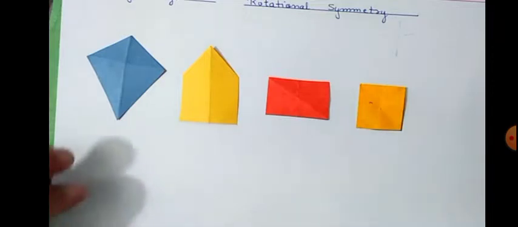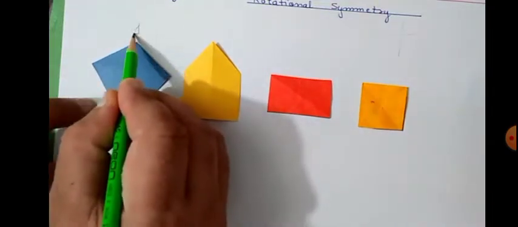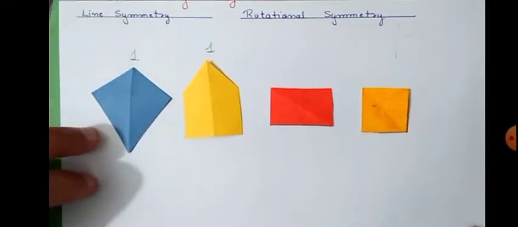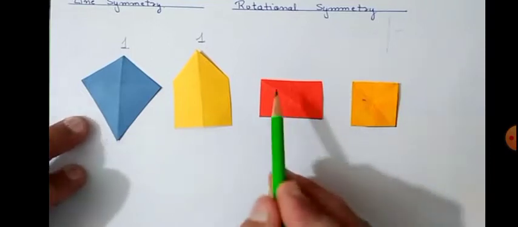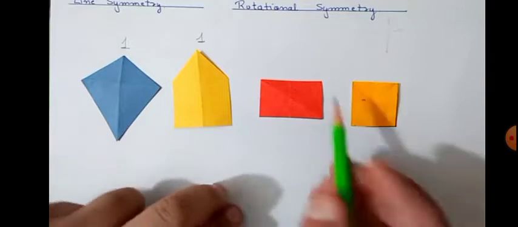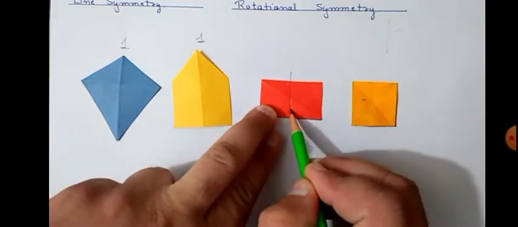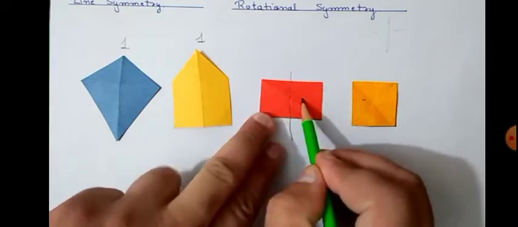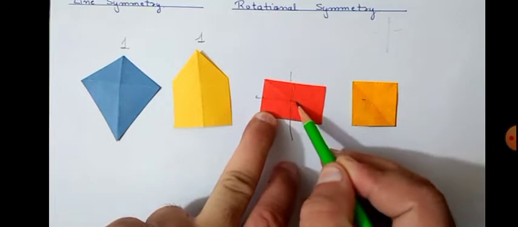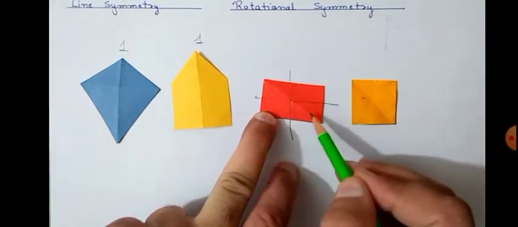Kite has one. This one also has one line of symmetry. A rectangle has only two lines of symmetry. See, if we turn like this, then again we will get the same figure. Nice.